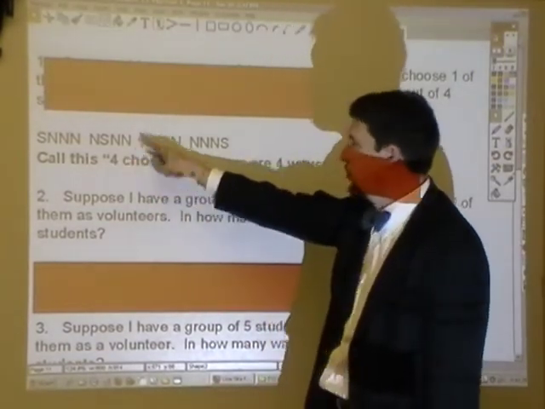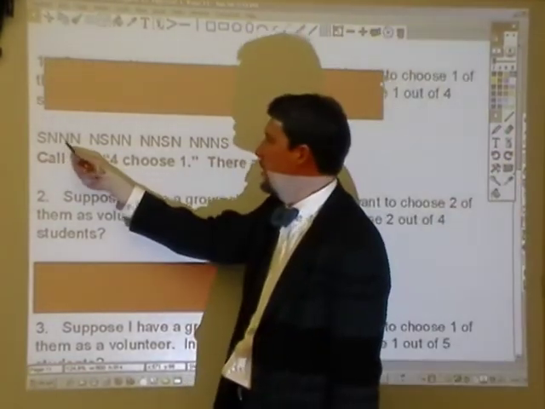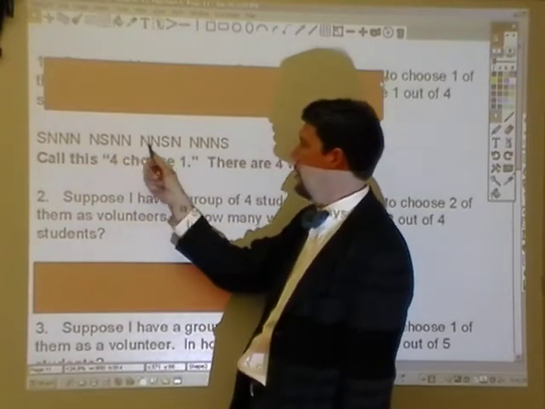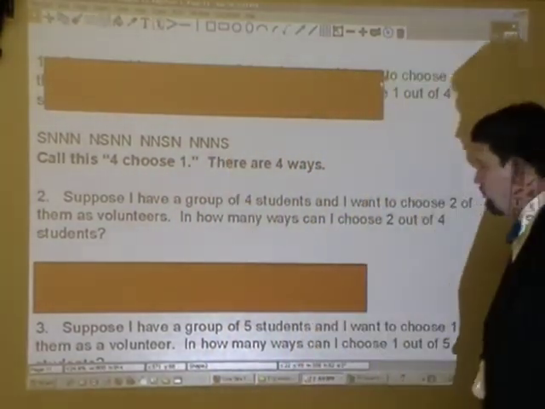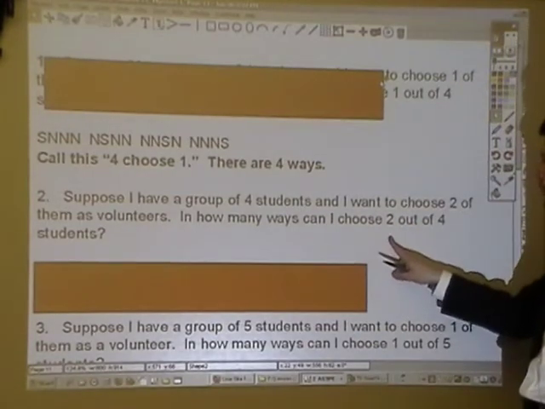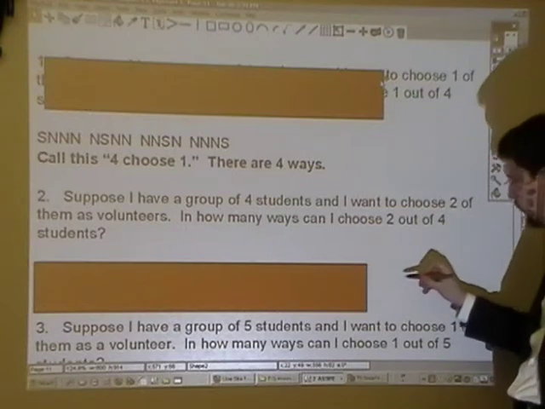4 choose 1, where 4 is the sample size. There are 4 ways: success, not, not, not; or not, success, not, not; and so on. Suppose I have a group of 4 students and I want to choose 2 of them as volunteers. How many ways can I choose 2 out of 4?